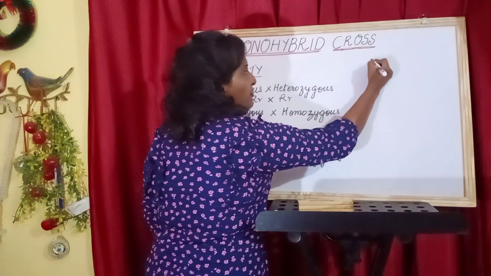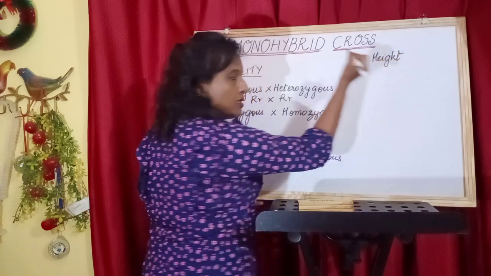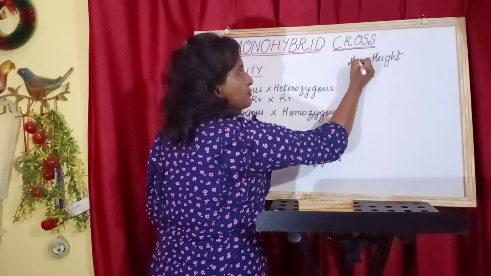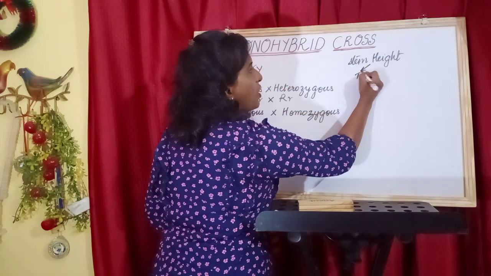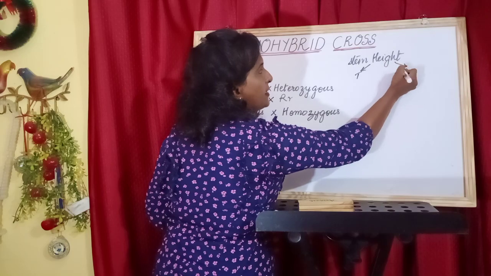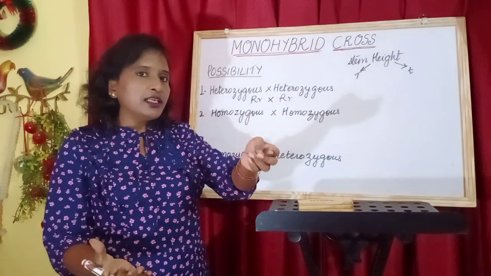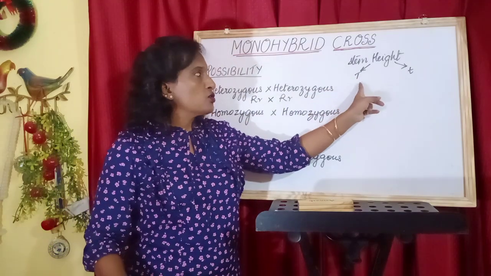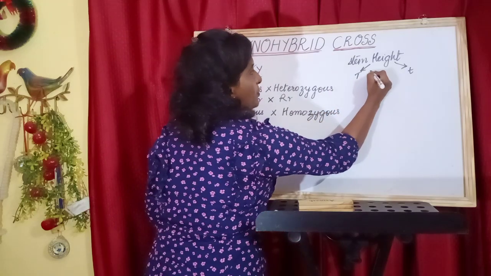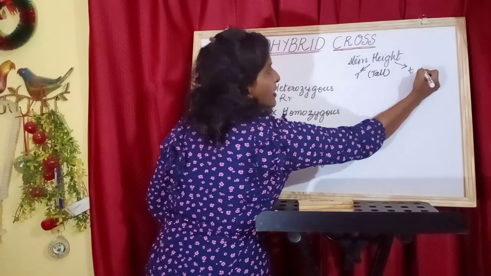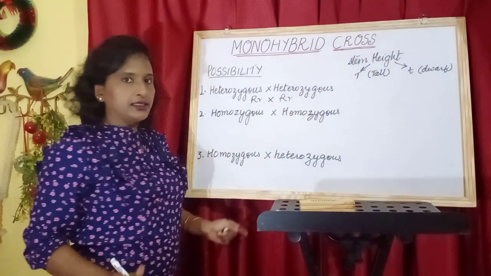Similarly, they can ask for any particular trait. If I take one example, that is the stem height, it has two variants, that is tall and dwarf. So definitely tallness is dominant over dwarfness. Therefore I am taking the first alphabet, capital T, for tallness, and small t for short or dwarfness, right?